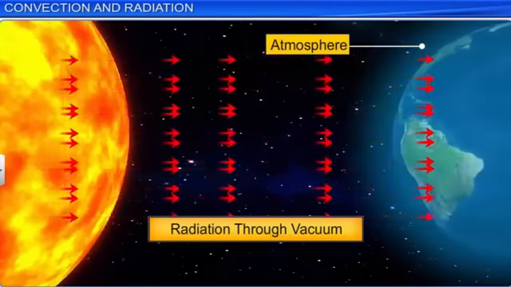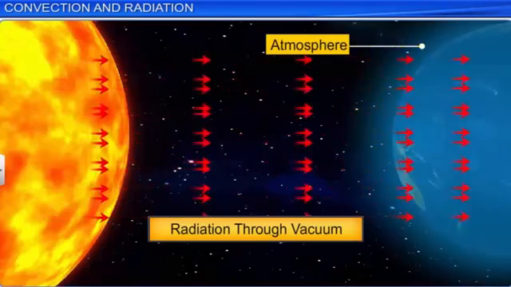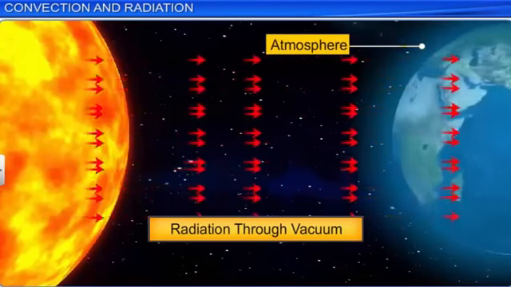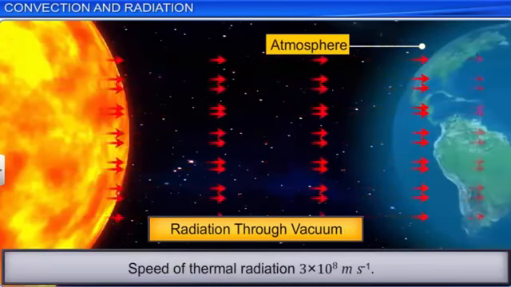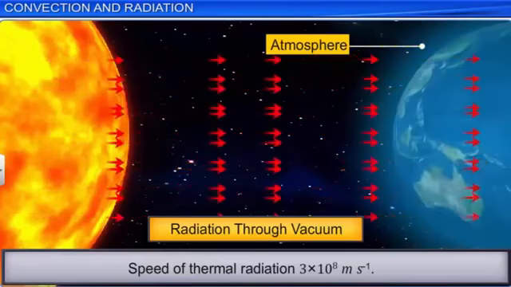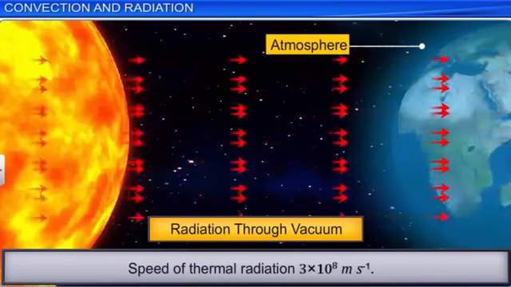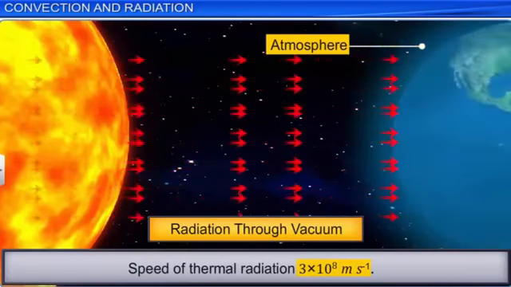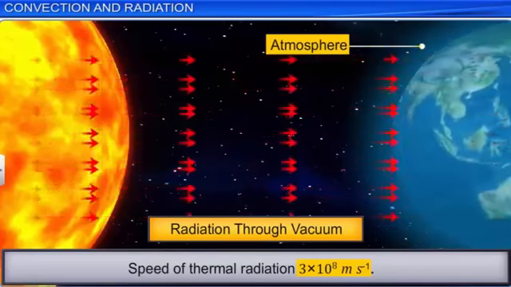Heat energy received from the sun is in the form of radiation. Like any other electromagnetic waves, thermal radiation can travel at a speed of 3 × 10⁸ meters per second.